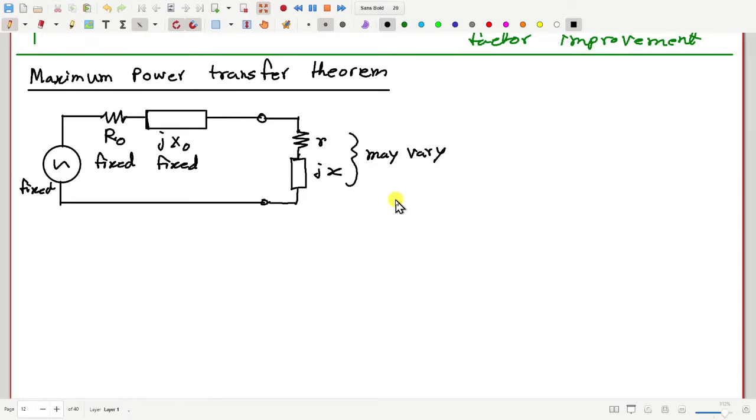Now the question is, under what condition will the power consumed by this load be maximum? For R equal to how much and X equal to how much will the load power be maximum?